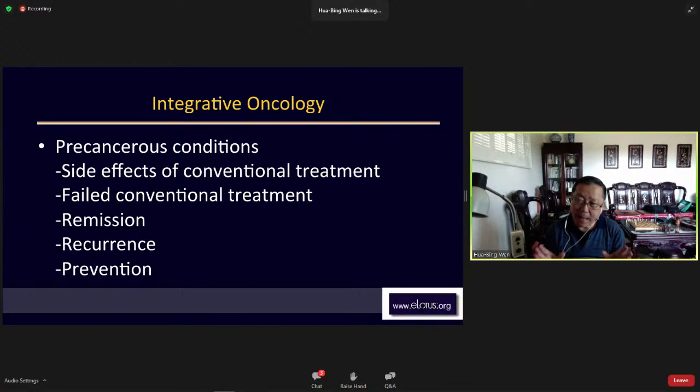There's one common pattern, which is yang deficiency with cold toxin. Translated into conventional medicine, that is chronic inflammation. Even in conventional medicine, chronic inflammation is a very hot topic to study, because it turns into cancer at a very high percentage.